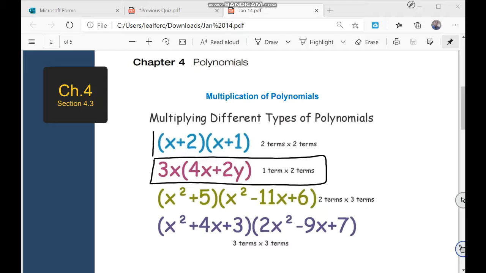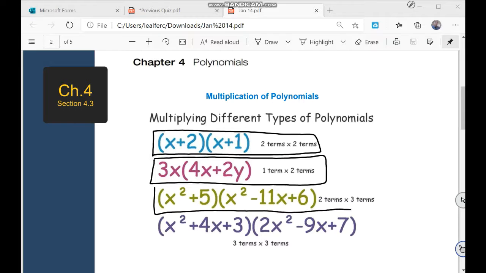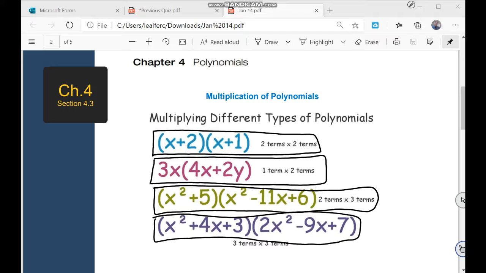For instance, the binomial times binomial, binomial times trinomial, and we need to know how to solve it. Trinomial times trinomial here, and even polynomial with several terms times polynomial with several terms. We need to know how to solve. That's the topic of today's class.